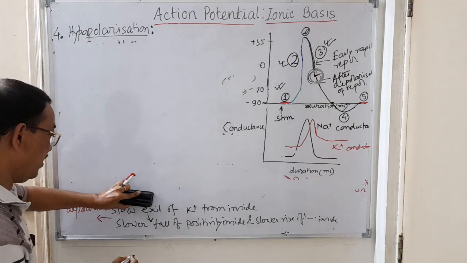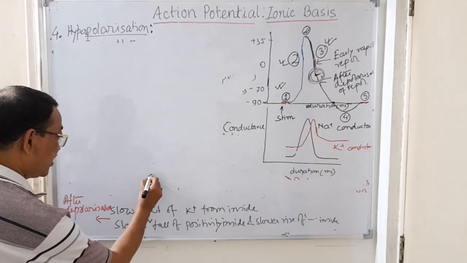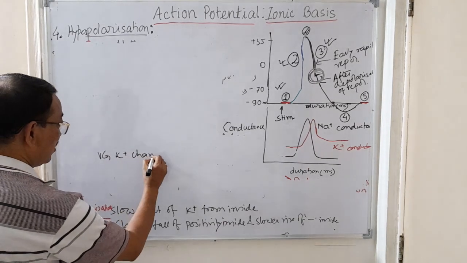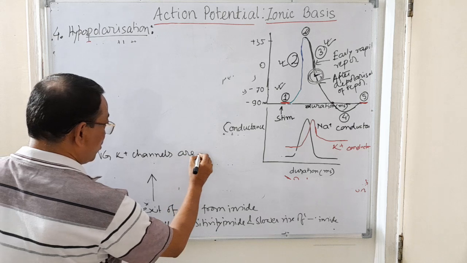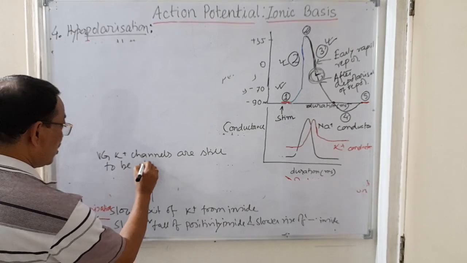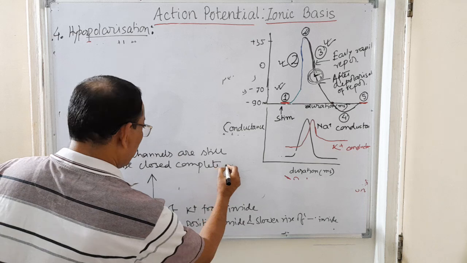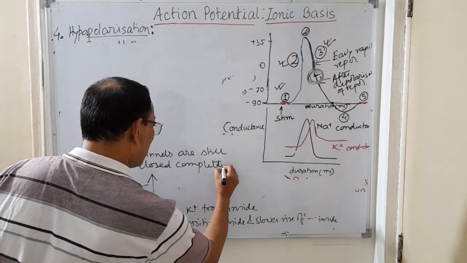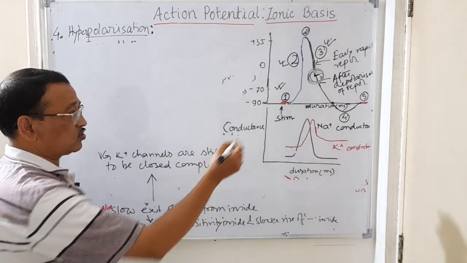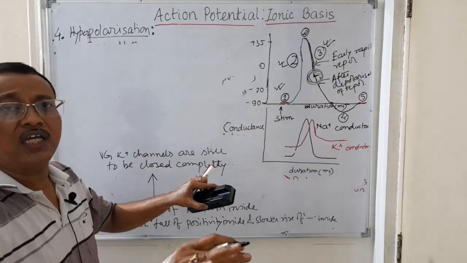There is no complete closure of the voltage gated potassium channels. So here at this moment, the voltage gated potassium channel gates are not completely closed.